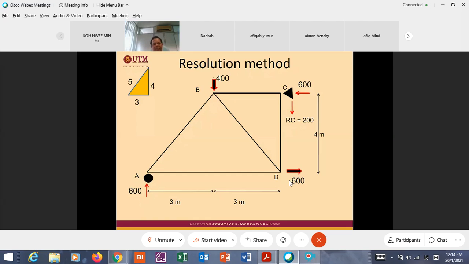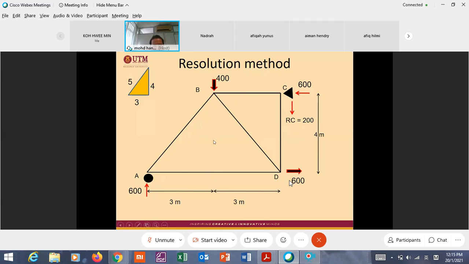What is this? This one 3, this one 4. So similarly, 3, 4, 5. Why it is important? Because if we use this ratio of this triangle, this is actually theorem Pythagoras, to find the rectangular component of each member.